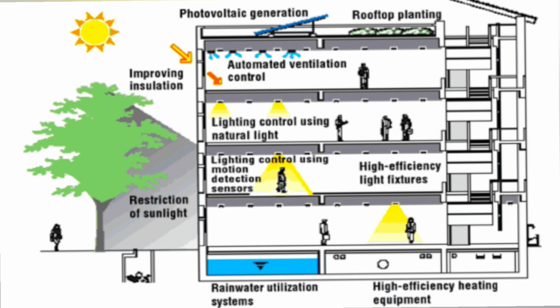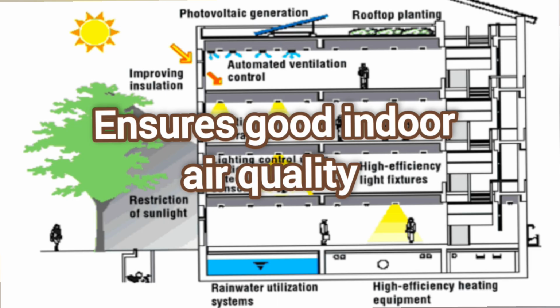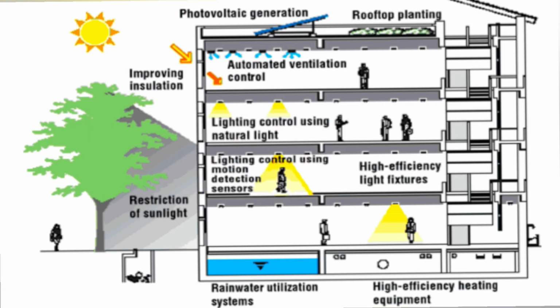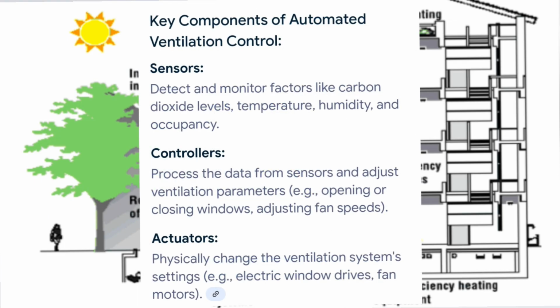Moving on to the fourth point, that is automated ventilation control. What does automated ventilation control refer to? It refers to providing ventilation that can be controlled automatically. The key components of automated ventilation control include the sensors, the controllers, and the actuators.